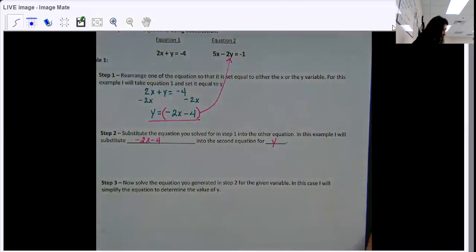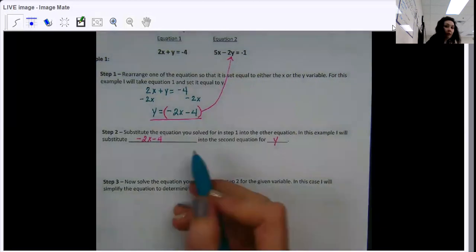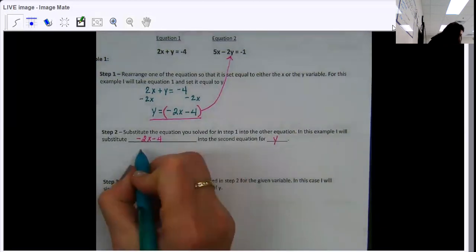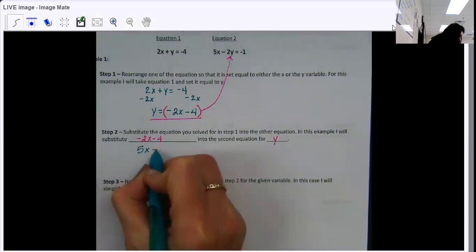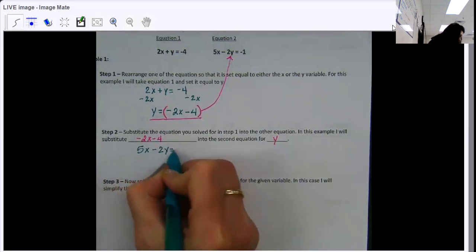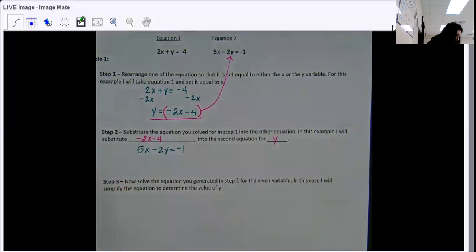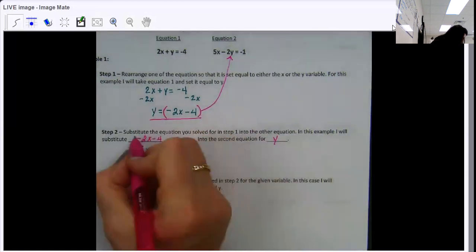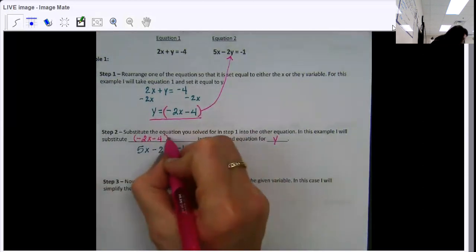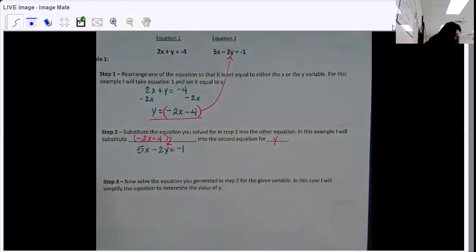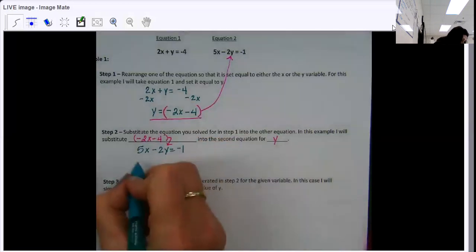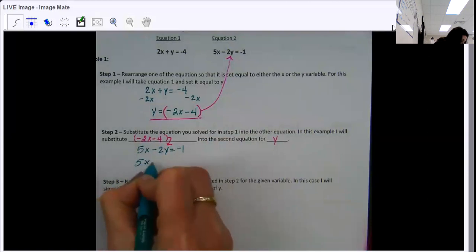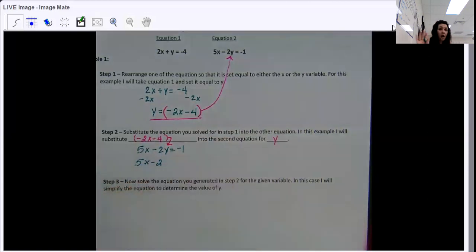Okay. So let's go ahead and do that here. So I'm going to write out my whole second equation, 5x minus 2y equals -1. And then I'm going to take this right here and I'm going to plug it into the y. And what that looks like is 5x minus 2, stop because I'm replacing the y.